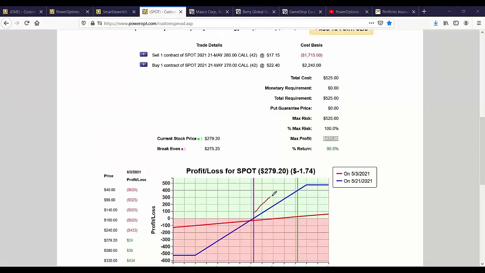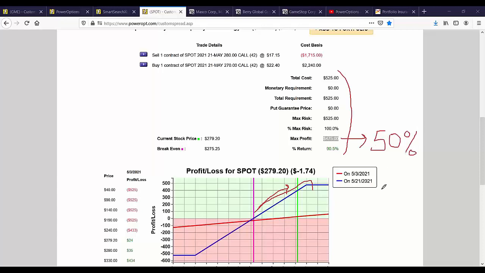What I'm looking for is movement upwards on my position. So like we were looking at for the bear put debit spread a moment ago for Robert on GME, if this stock starts to move up and goes above 280 in the next 2 weeks, I might be able to close this 2 weeks early and get 50% of this expected profit I was looking for.